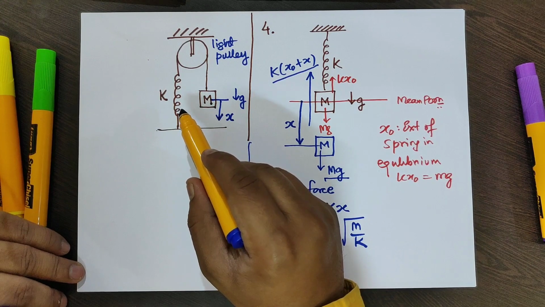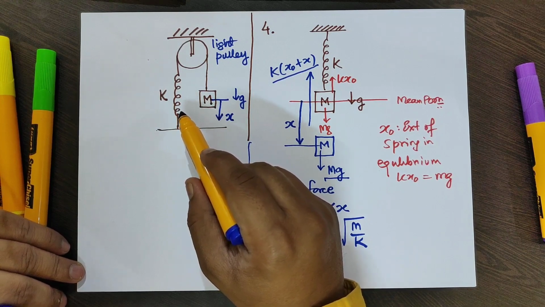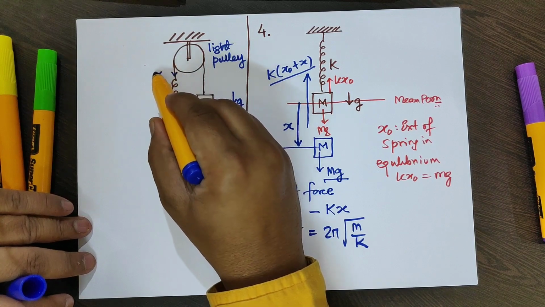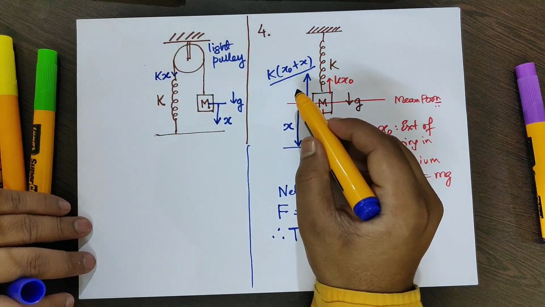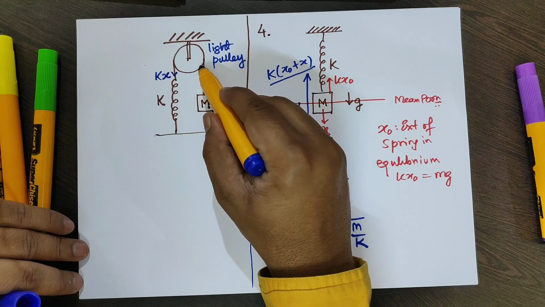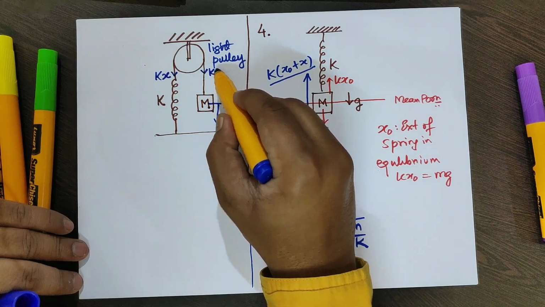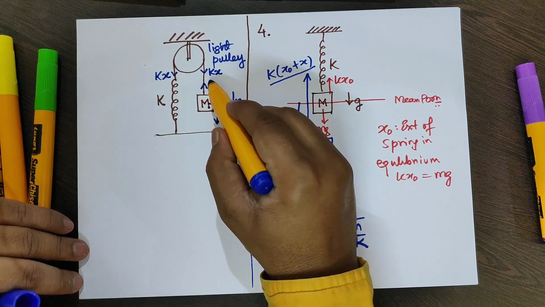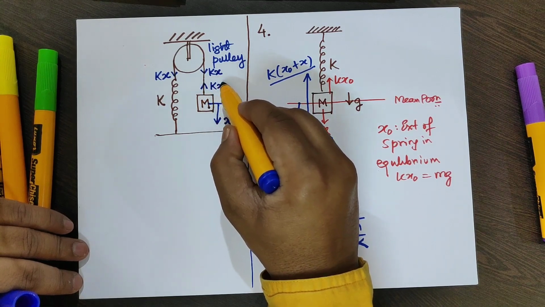The extension in the spring is x, so the spring force is kx. So for this pulley, it is kx, and the tension on this side is also kx. Hence the tension acting on the block upwards is also kx.